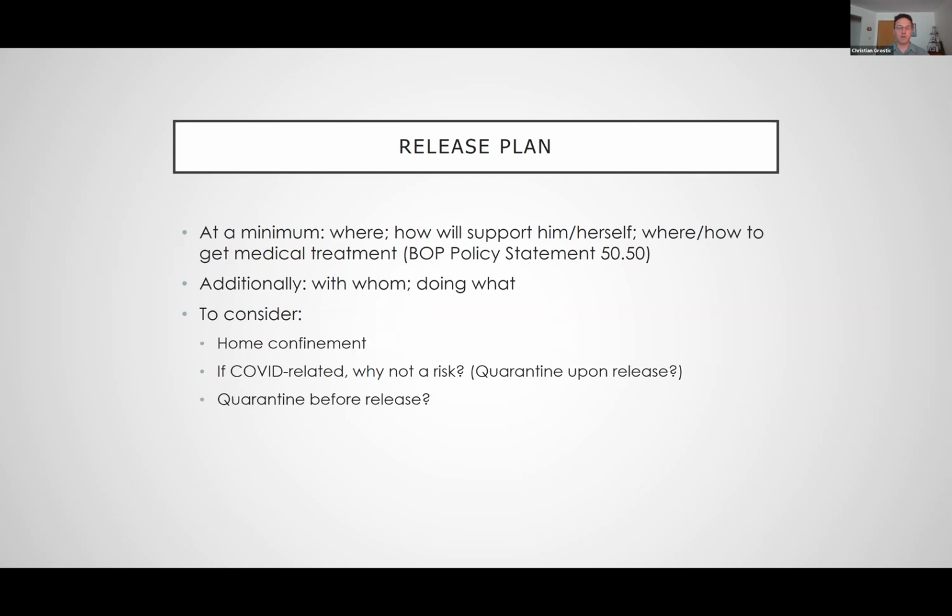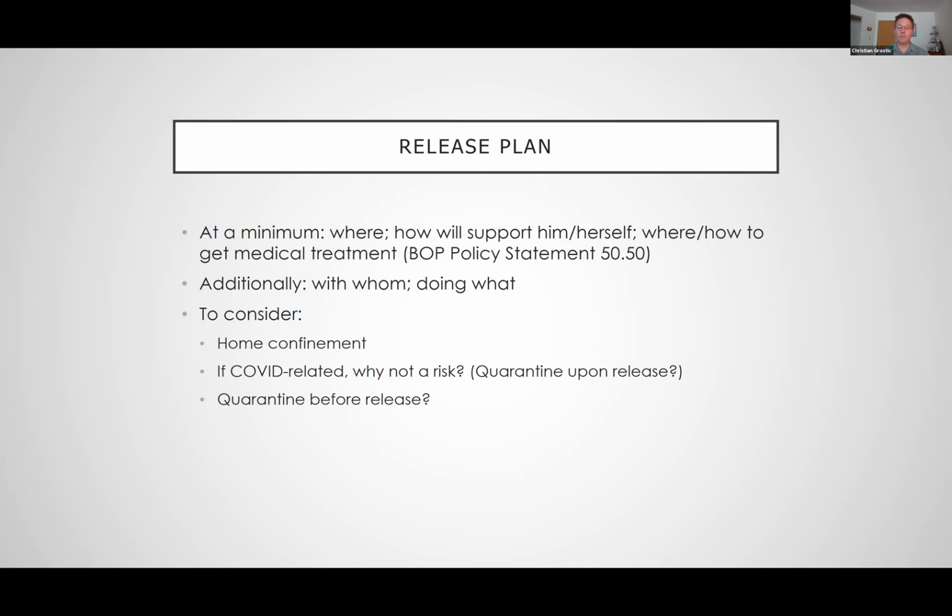BOP's program statement 5050.50 says that at a minimum, the inmate has to have a release plan that involves where they're going to be, how they'll support themselves, and if the basis for the release is medical treatment, how they're going to get it, both where they're going to get it from and how they're going to afford it, which might include a job, but it might also include Medicare or Medicaid or something like that.